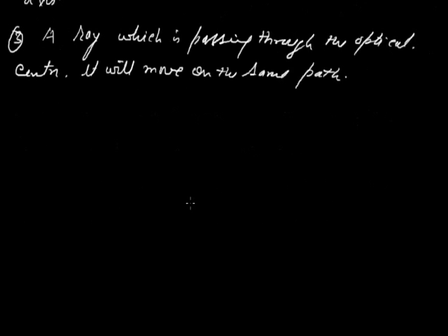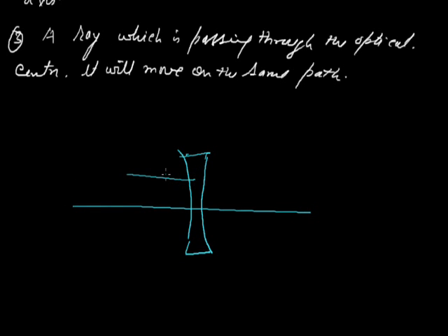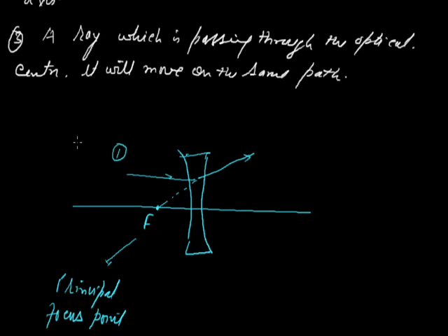Now in the case of a concave lens, this one is a concave lens. A ray parallel to the principal axis will diverge. If we extend it backward, it appears to diverge from this point, the principal focus point. Here will be the first focus point. That is the first ray.